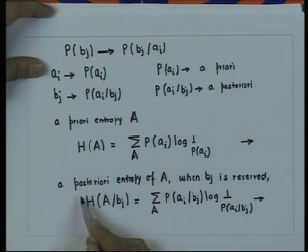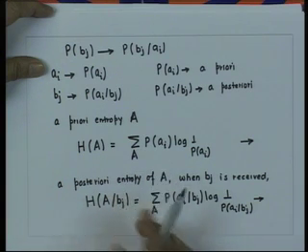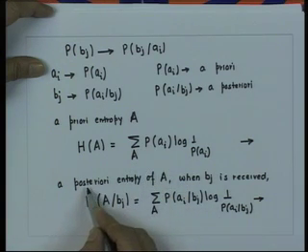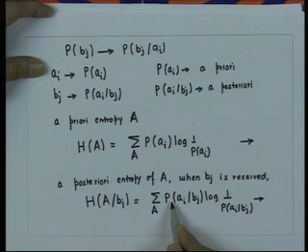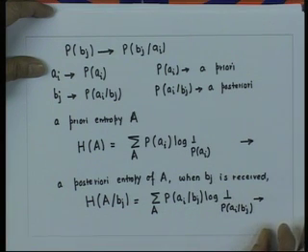This is the average number of binits needed to represent a symbol from a source with the a posteriori probabilities P(Ai given Bj) for all i equal to 1 to r.